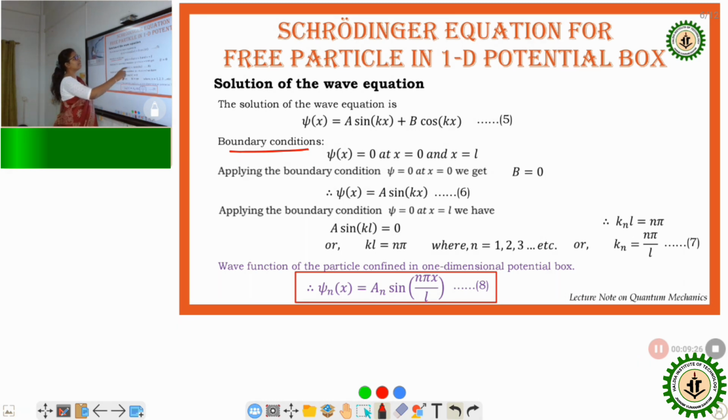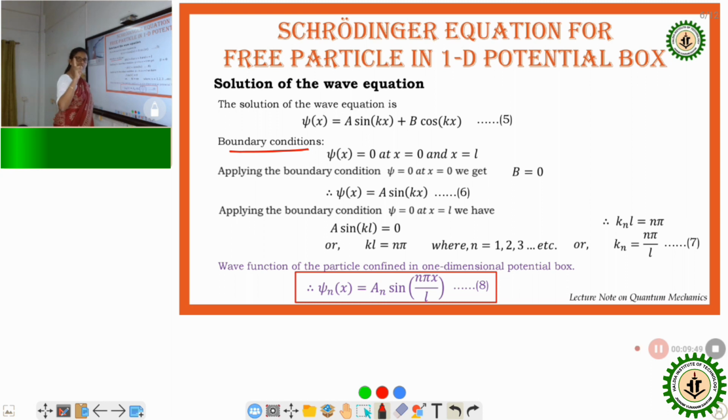So if you put psi of x equals 0 at x equals 0, sin 0 will give you 0, so that part will vanish and you will get b cos k into 0 equals 0.